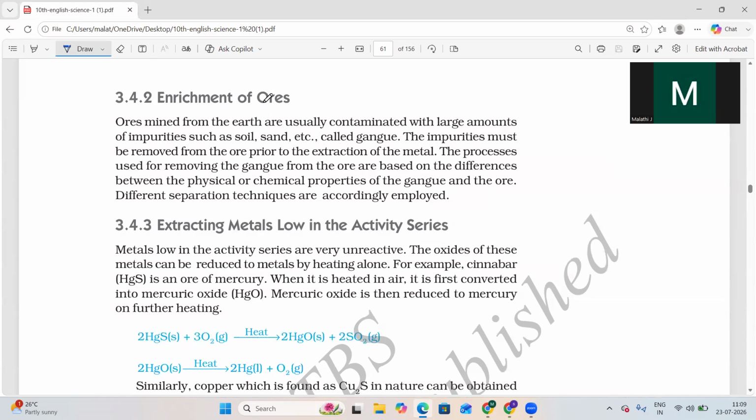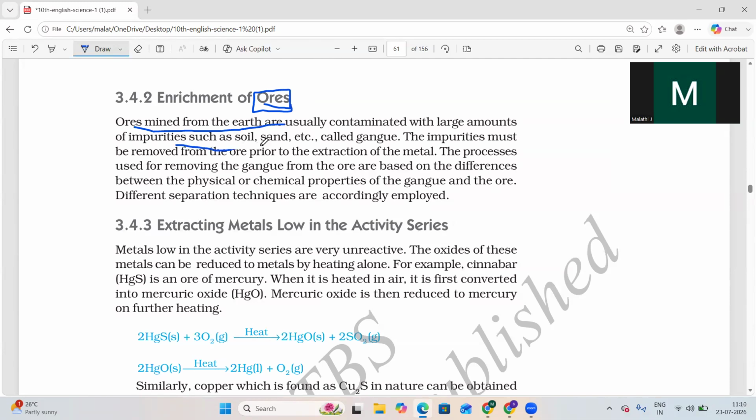So we are getting the ores from the earth. Is it pure? No. We already discussed in the last class that a large amount of mud, sand and dusty particles is present on the ore that we get from the earth's crust.